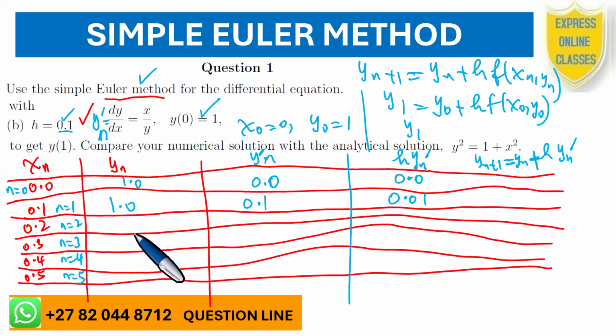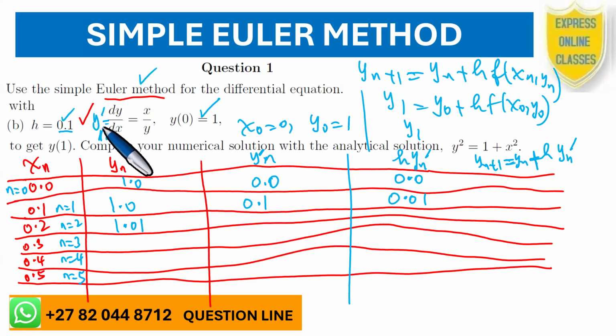Let's complete the table here. So this is one strategy to do the Euler method in a slightly organized manner where the table is being used, once again for practice purposes and procedural fluency.